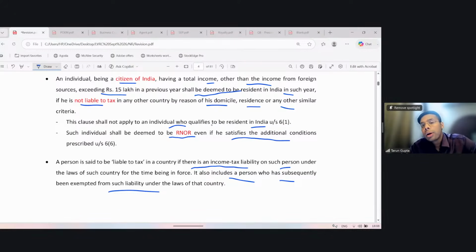So, if first the liability for income tax is there on a person, but subsequently the government exempts such person from the income tax of such country, then also such person shall continue to be said to be liable to tax in such country, and provision section 6(1A) is not applicable. So the fact that subsequently any person has been exempted from the income tax liability of the foreign country will not make him not liable to tax. He will continue to be liable to tax in such foreign country. Okay.